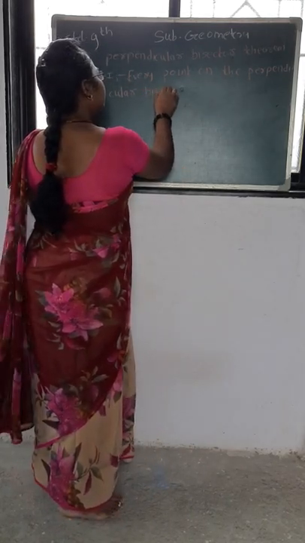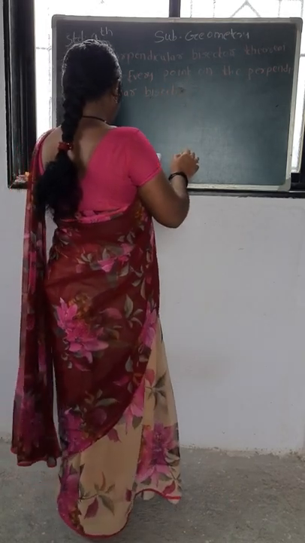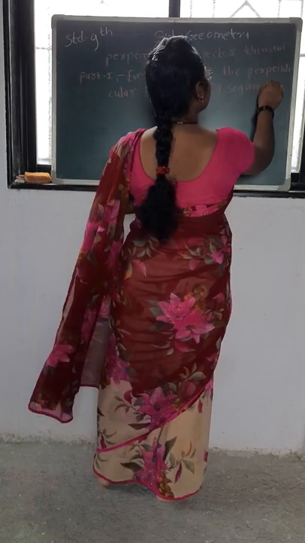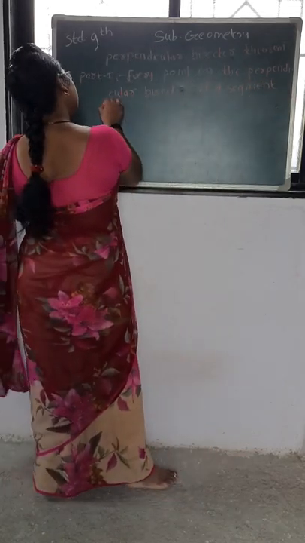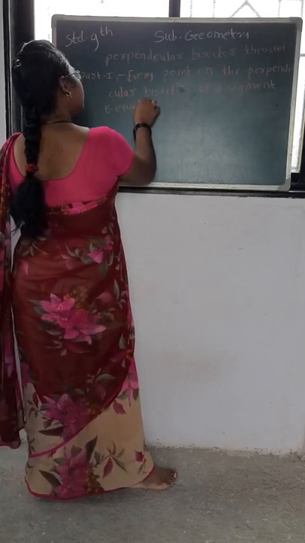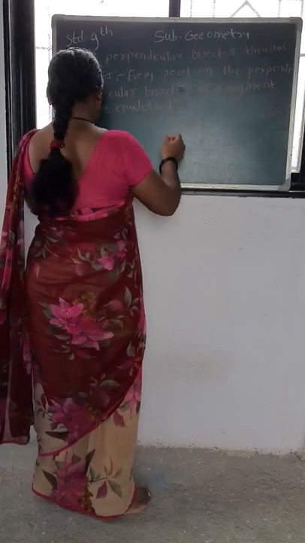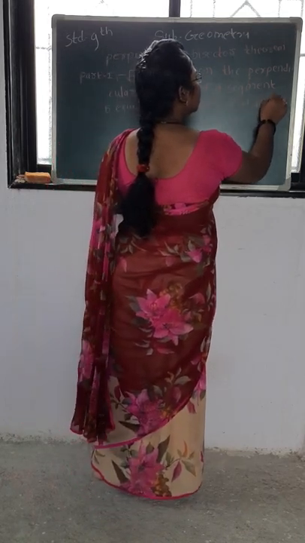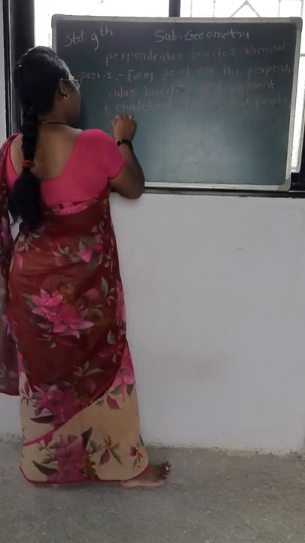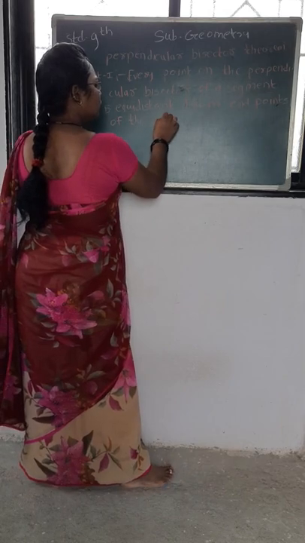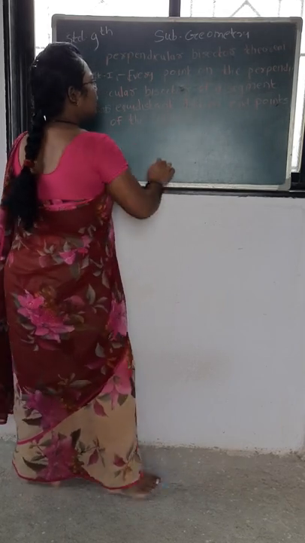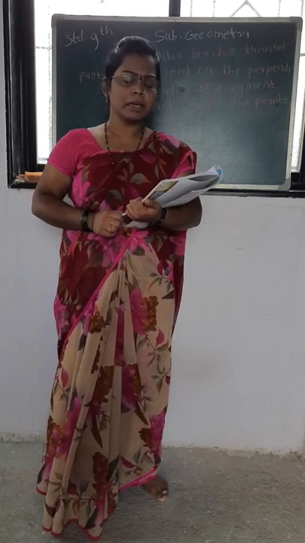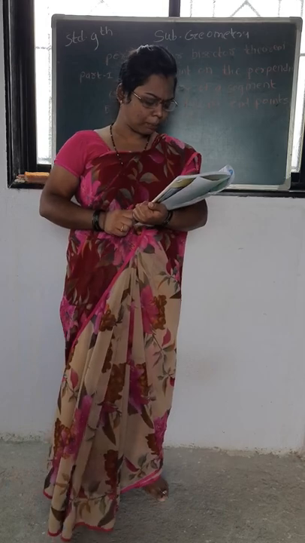This is the statement of part first. The statement is: every point on the perpendicular bisector of a segment is equidistant from the endpoints of the segment.